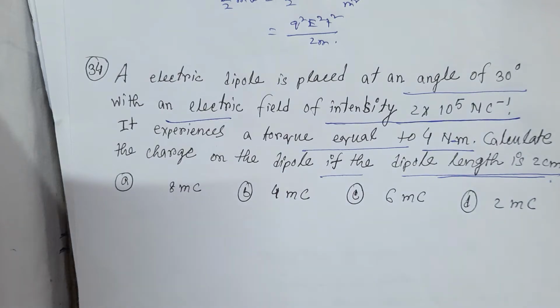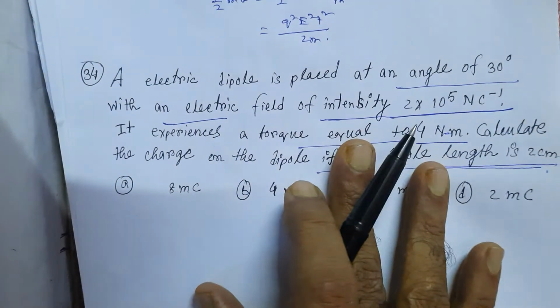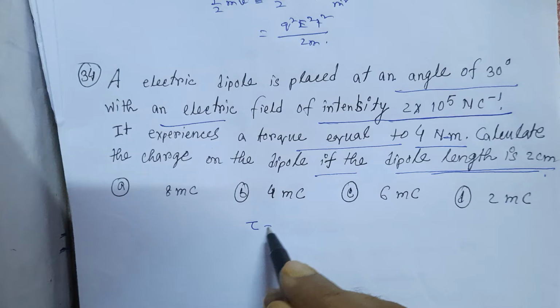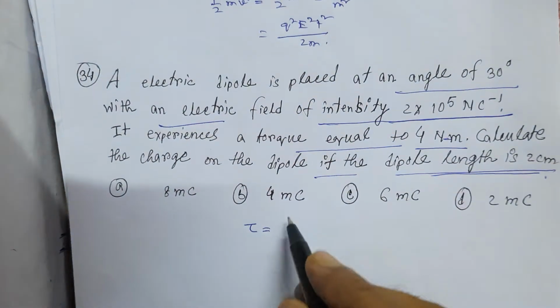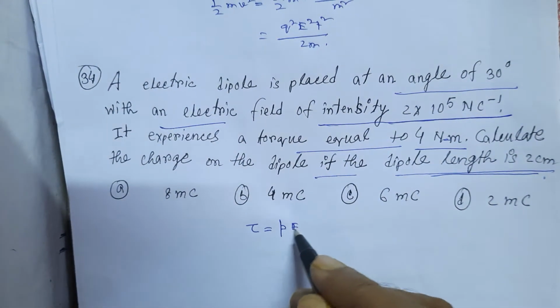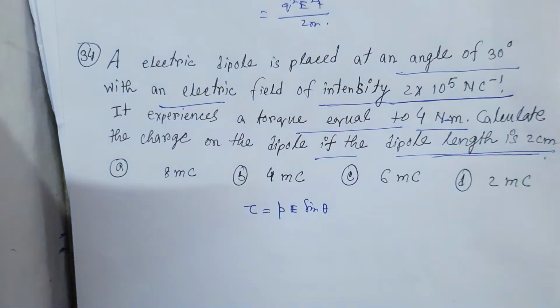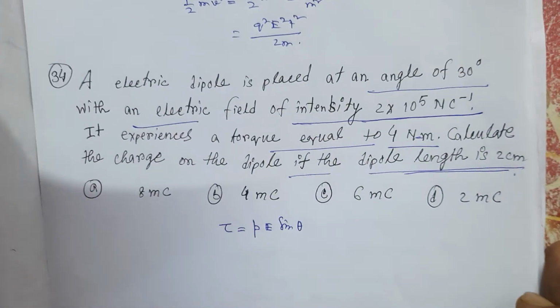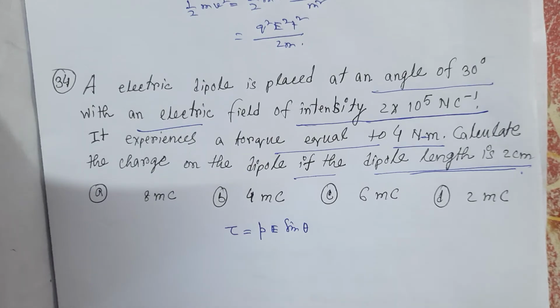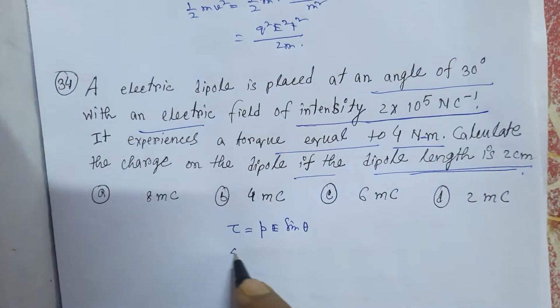So, torque on a dipole, when it is placed at an angle theta, is tau equals pE sine theta. When the field direction makes an angle theta with the dipole, the torque acting on the dipole is pE sine theta. Here torque is 4 Newton meter, so tau is 4.